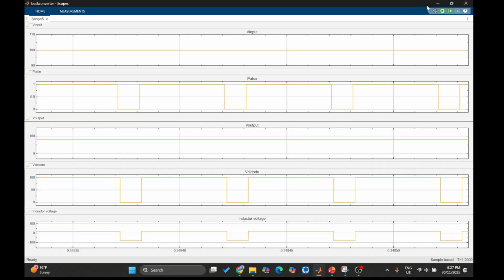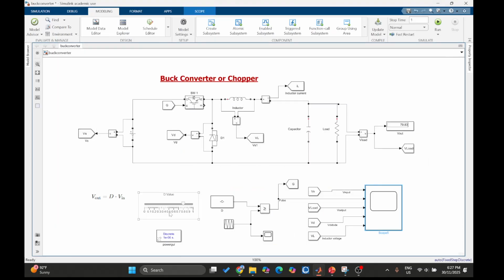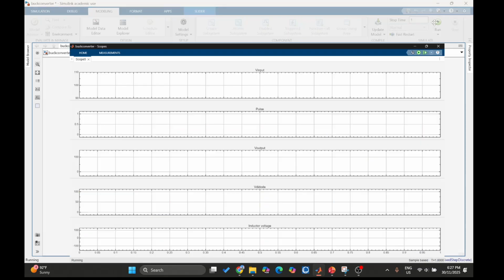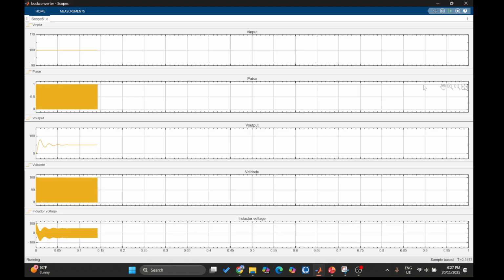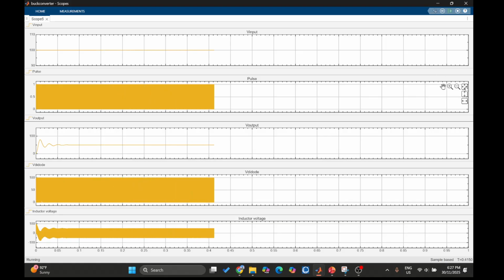It's not 50% yet, so let me change it to 0.5 so that you can see a 50% PWM pulse.